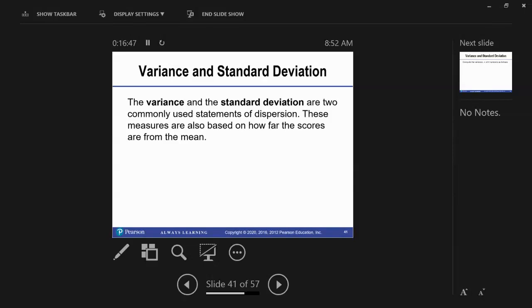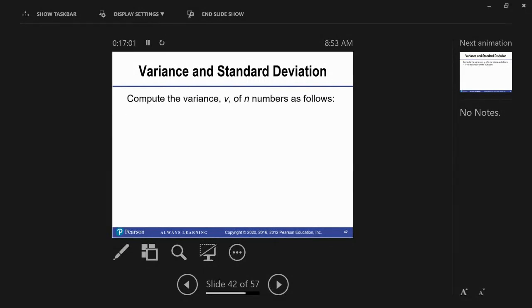Okay, the variance and standard deviation are 2 commonly used statements of dispersion. These measures are also based on how far the scores are from the mean. So here's how we will calculate the variance of n numbers.